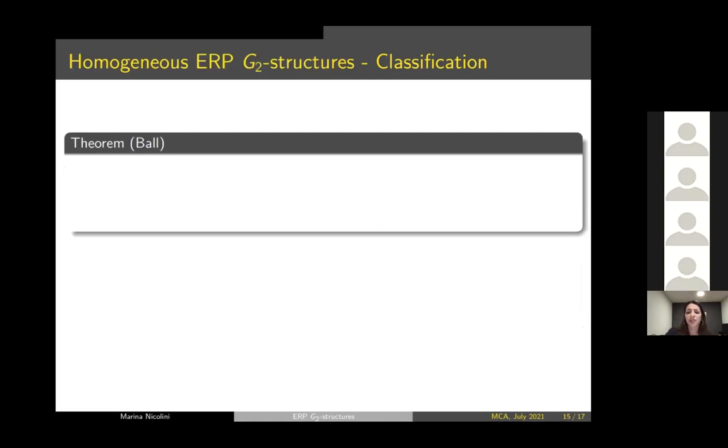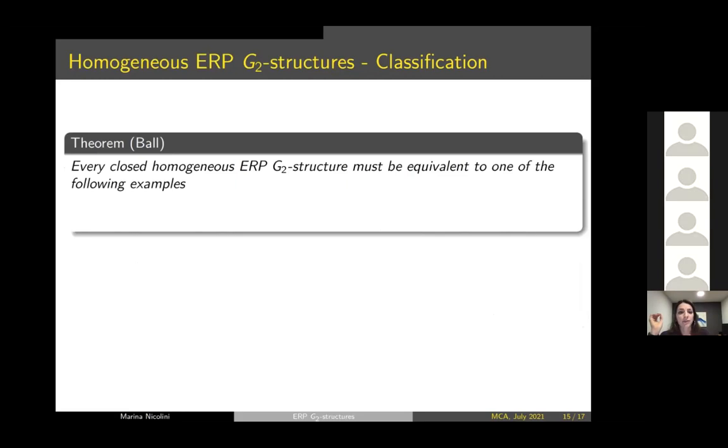And in the homogeneous case, Gavin proved also in his thesis that every closed homogeneous ERP G2 structure must be equivalent to one of the following examples. And there were only the five examples that we proved in our theorem.